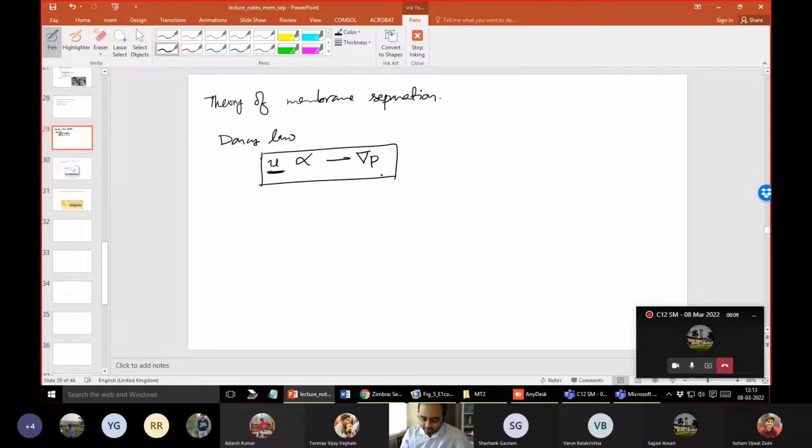If anyone of you is interested to look more into how this Darcy's law was fundamentally conceived from an initial stage, you can look into this. If you just Google it, you can see how the Darcy law could be derived from the Navier-Stokes equation for a porous medium domain, right?